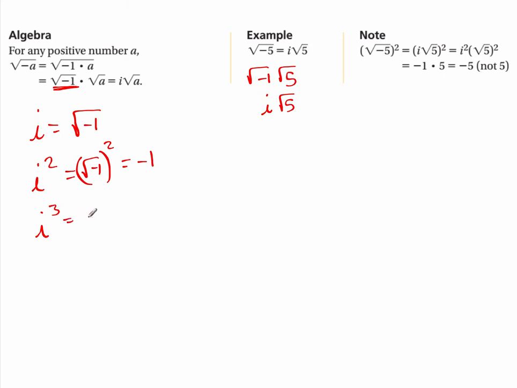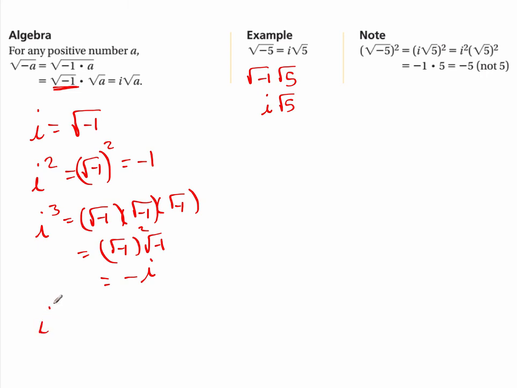Well, this is i, which is the square root of negative 1, times the square root of negative 1, times the square root of negative 1, which is the square root of negative 1 squared times the square root of negative 1. Now, the square root of negative 1 squared is negative 1, and the square root of negative 1 is just i.